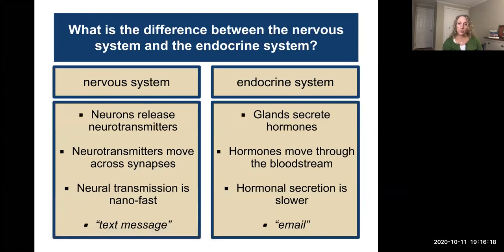We know that neurons and neurotransmitters respond much faster. So they say nano-fast. Hormones are much slower, but they tend to be longer lasting. And we know, of course, neurotransmitters are released through that neural impulse, that electrical impulse. But with the endocrine system, the glands are just secreting hormones through the bloodstream.